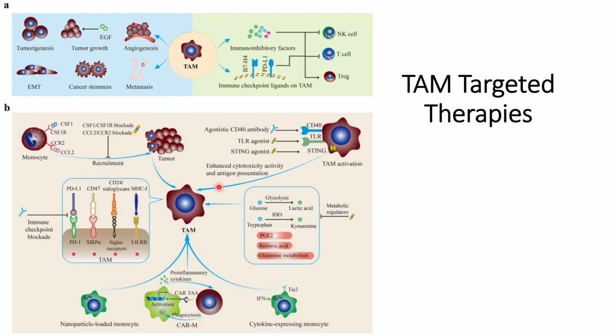The other idea mentioned here is about TAM activation. That is, TAM can be activated to act against the solid tumors by inhibiting receptors such as CD40, TLR, or STING. These receptors are being interacted with by the solid tumors so that this TAM will not act against those solid tumors.